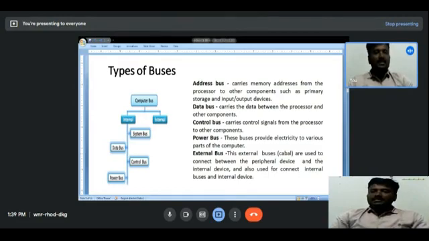The external bus is the cable used to connect the internal devices of the computer to external devices, for example, peripheral devices such as a printer, joystick, mouse, keyboard, and other kinds of external peripheral devices. These peripheral devices communicate with the computer by using the bus called the external bus. They are also used to connect internal buses and internal devices. This is one of the important aspects.